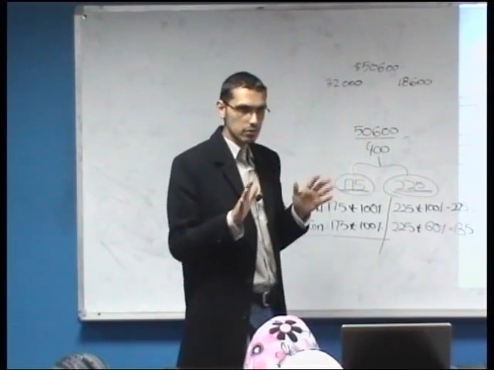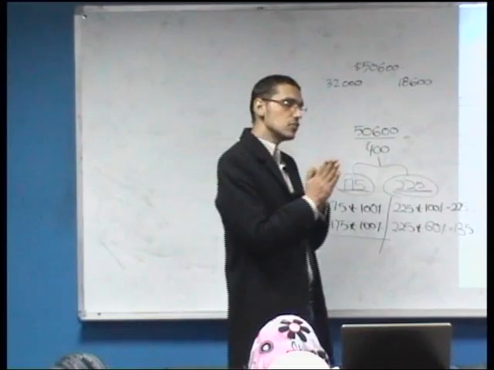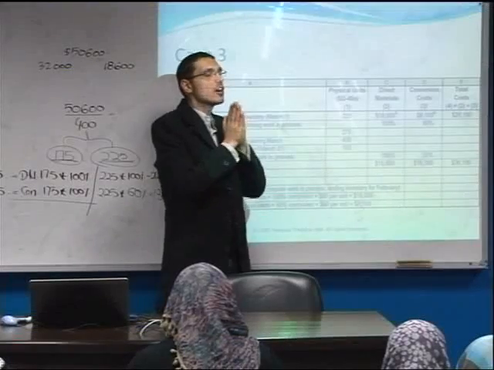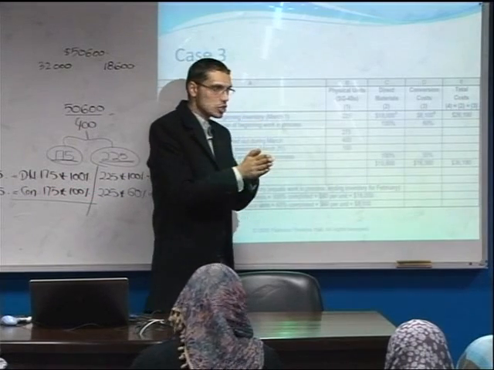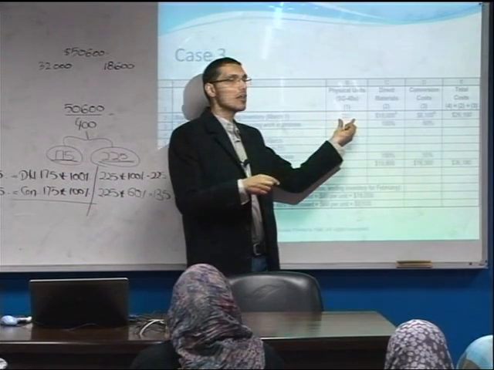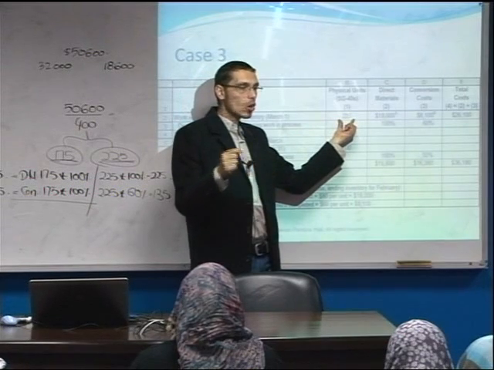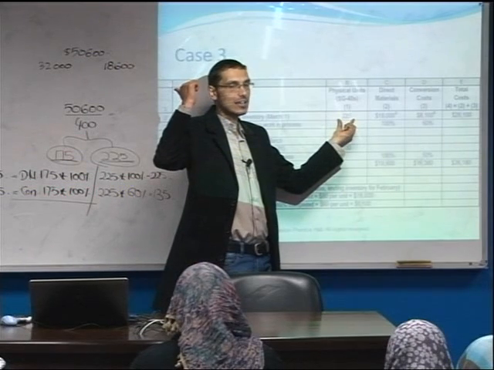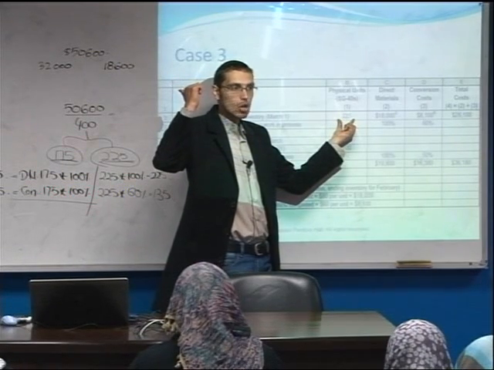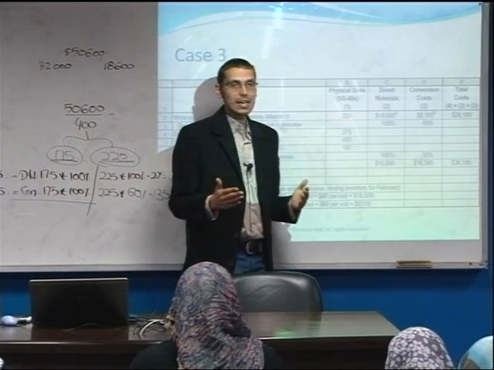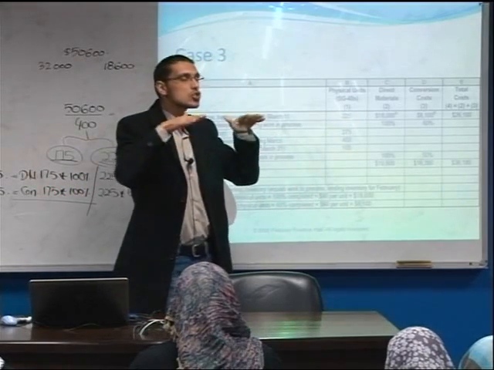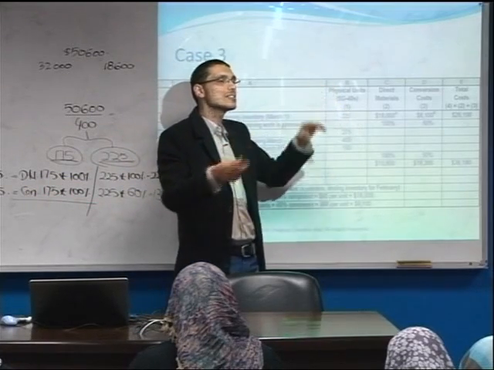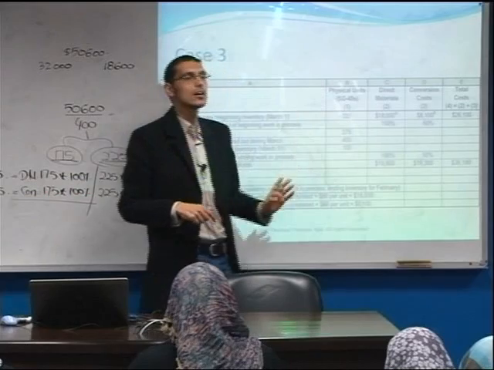The question here is whether in March we first complete the beginning work in process that was started and unfinished in the previous period, or whether we start the manufacturing process on the 225 at the same time as the 275.